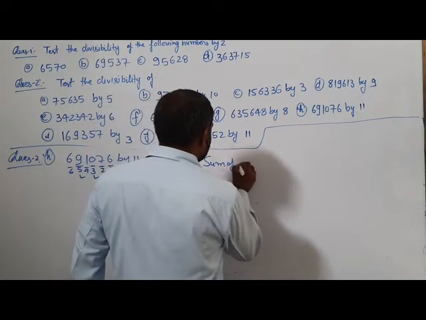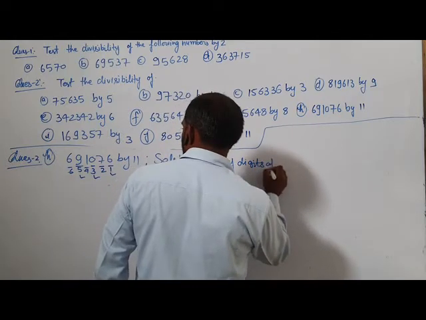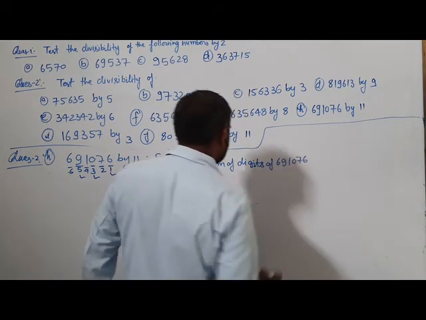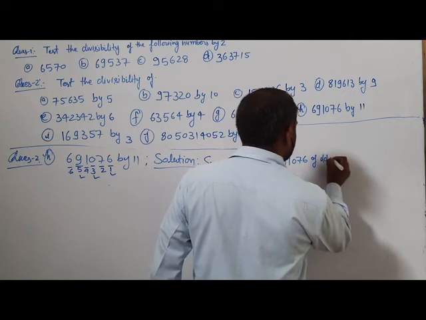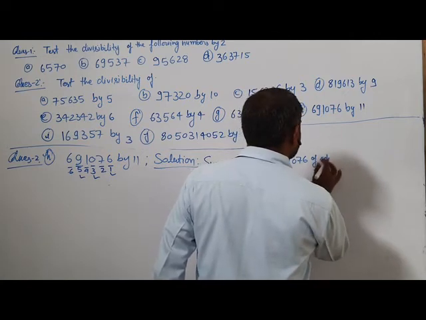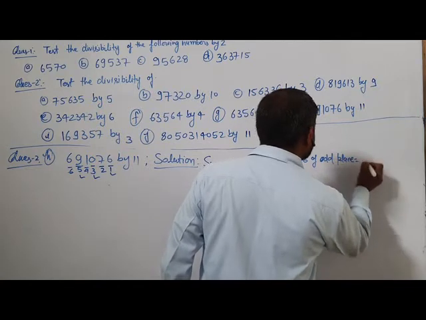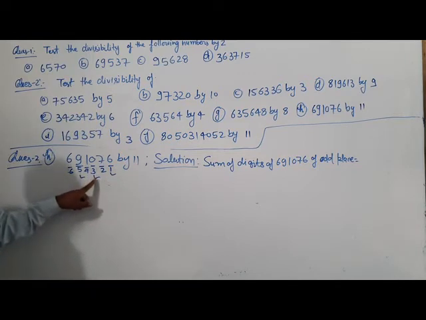Sum of digits of 691076. Sum of digits of odd places. What is an odd place? 1, 3, 5.